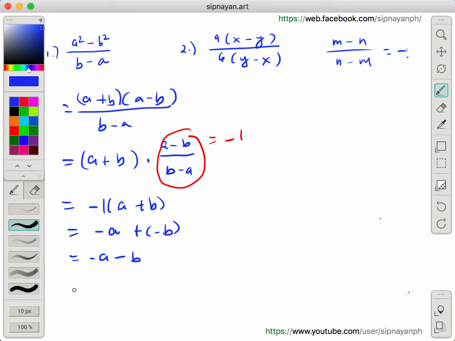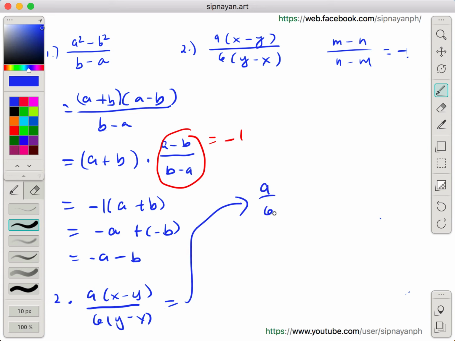The second number is 9 over 6, or 9 times x minus y over 6 times y minus x. So, this is negative 1, so magiging 9 over 6 times negative 1.